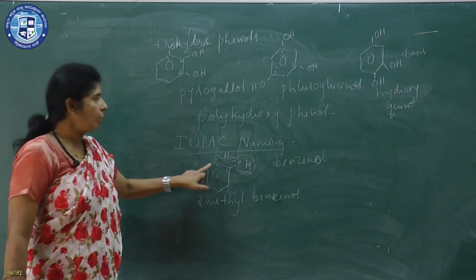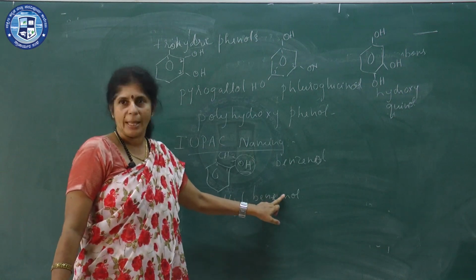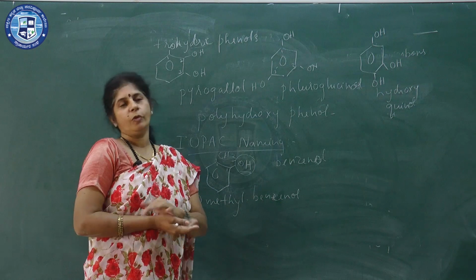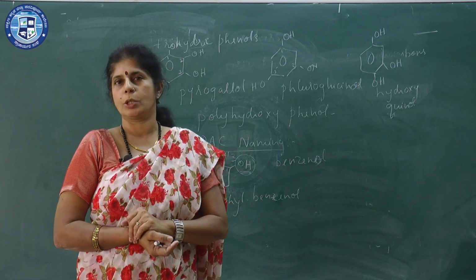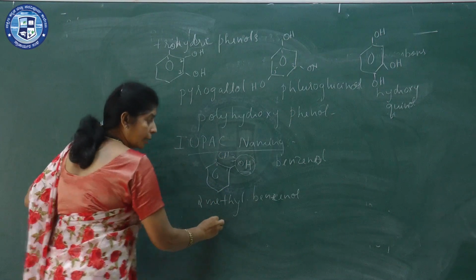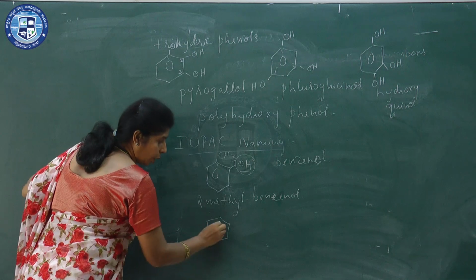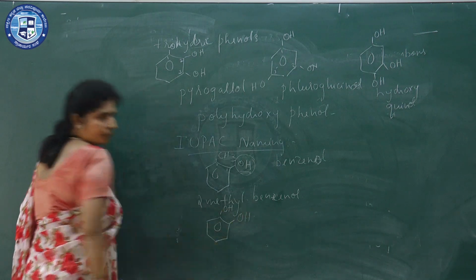If the CH3 is on the meta position, it becomes 3-methylbenzenol. Similarly for the 4th position, likewise we can go for the IUPAC nomenclature. Similarly, catechol is a dihydric phenol where OH groups are present in 1,2 position.